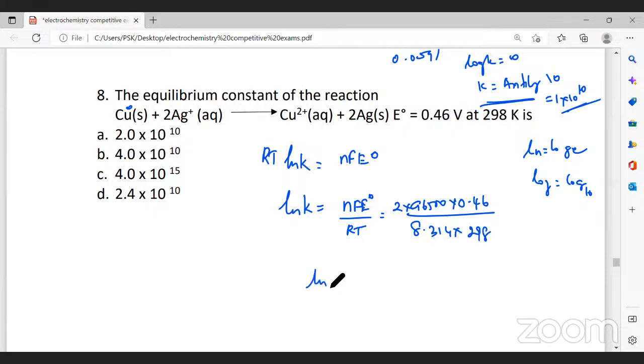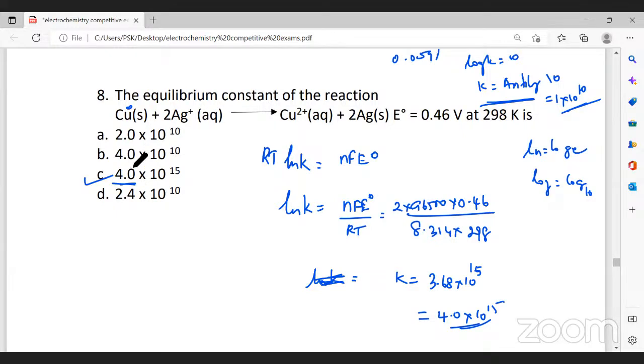On simplification, you get the K value as 3.68 into 10 to the power 15. Approximating, you get 4 into 10 to the power 15, as 3.68 is close to 4. Therefore, the answer for this question is option C.